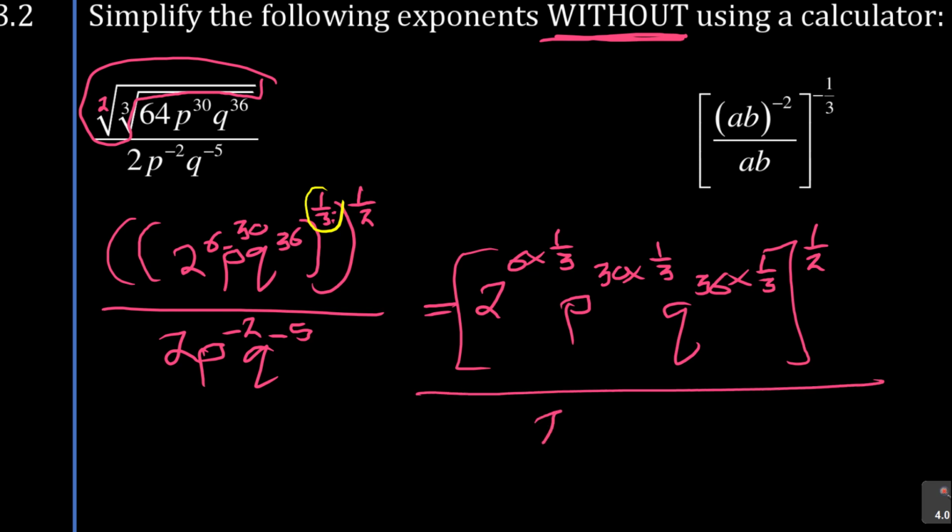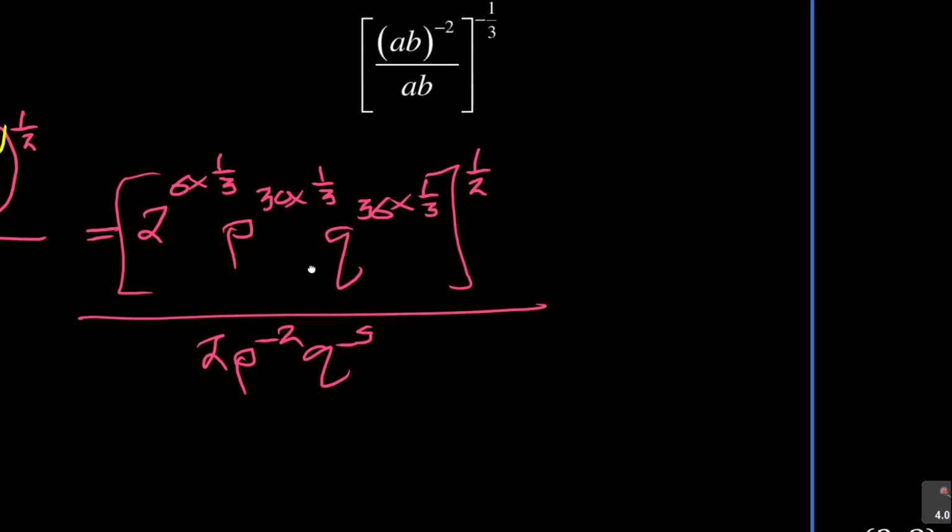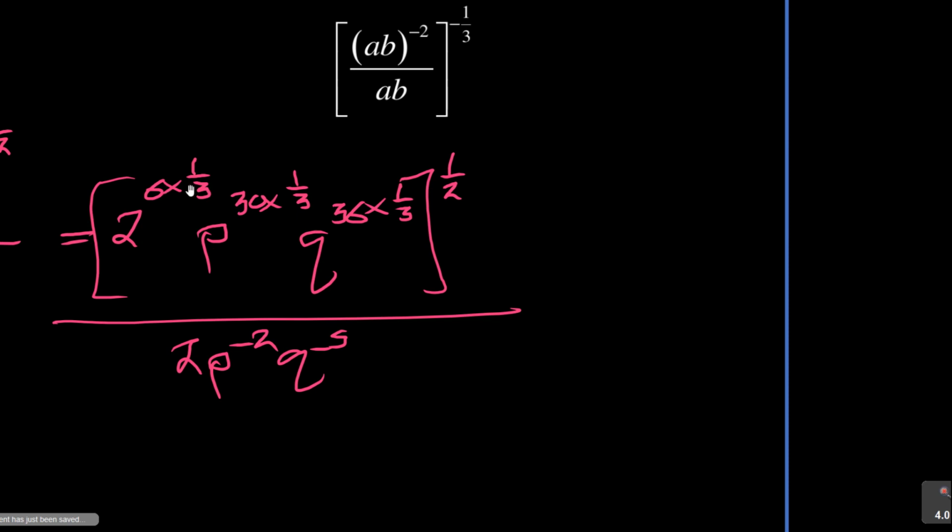Then all over 2p to the negative 2 q to the negative 5. See that? It's not really much, but you still continue to multiply that. What it will give there, 6 gives us a 2 there. The 30 times 1 over 3 gives 10. Here it will give you 12.